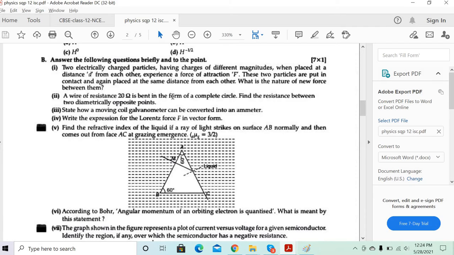So just 10 ohm. Both 10 ohm resistances are in parallel. So what will be the total resistance? 5 ohm. Oh, okay. Such a simple question. I didn't understand the length.